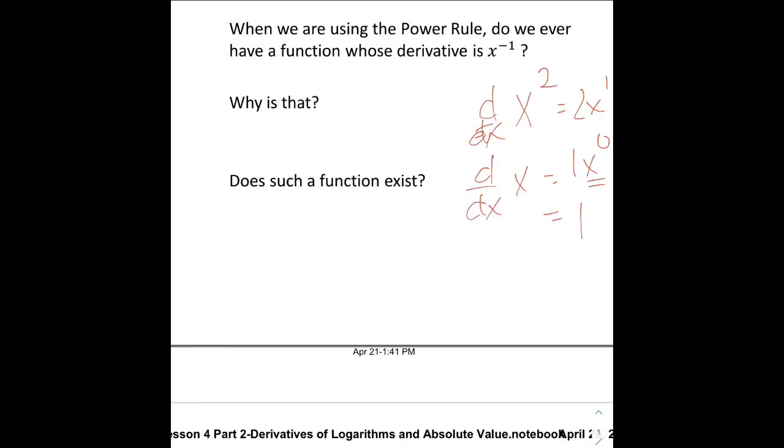And that's the problem. In order to get this negative 1, even if I have x to the 0, I would take 0 times x to the negative 1. Well, that's just 0.